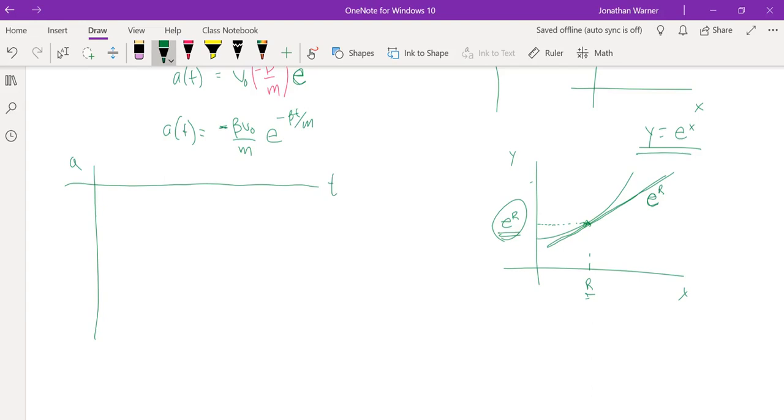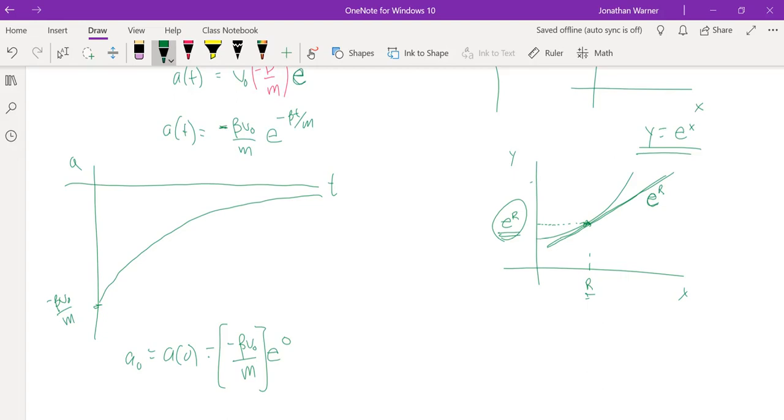At time 0, a at time 0 is negative b v naught over m e to the 0. So it's that, negative b v naught over m. And this function asymptotes at 0, it never gets there.